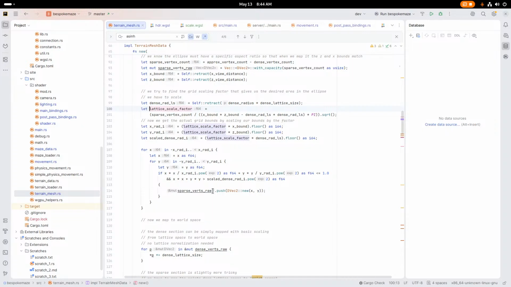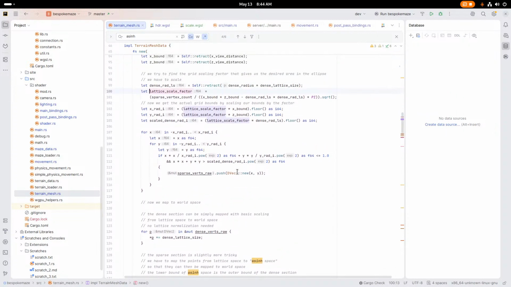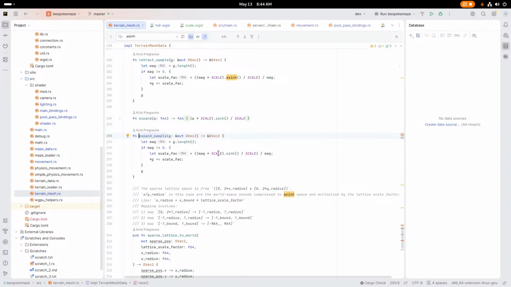So the actual function is sinh(s x over L), and then, right, if I go to expand sample, then we divide by s, and then we also divide by x.